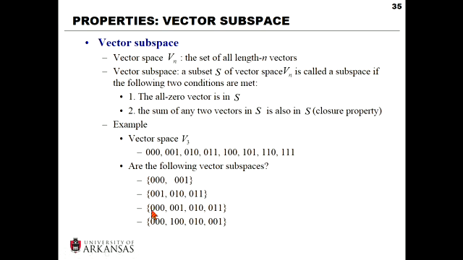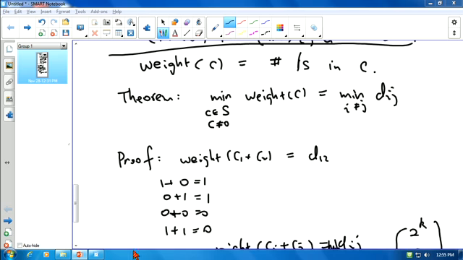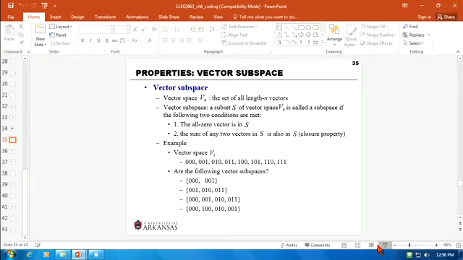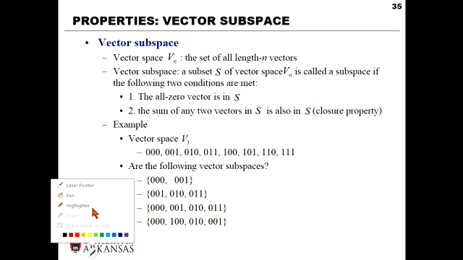For the third one, 0 is there. So the first condition is satisfied. So next, let's check the remaining conditions. Let me write on it, I still need to enable editing. Okay, so for the third one, 0 plus any element will be the element itself, so we don't need to check.